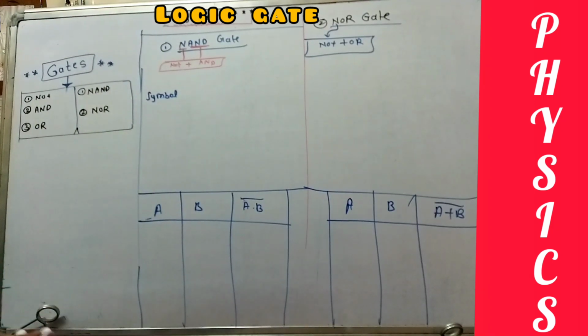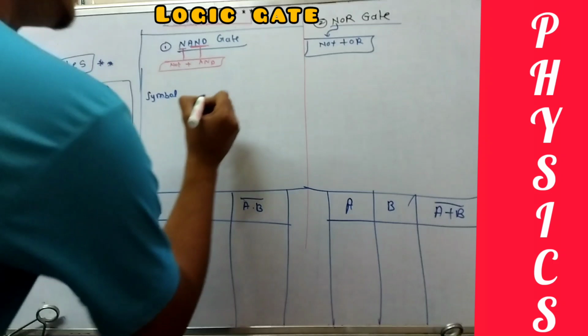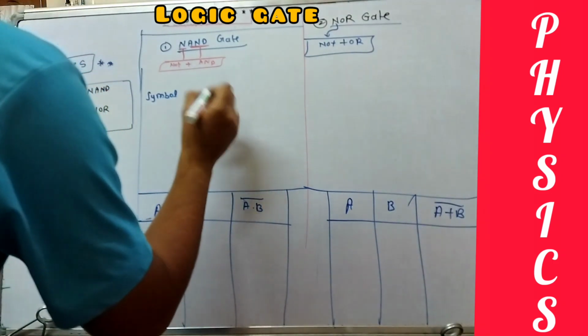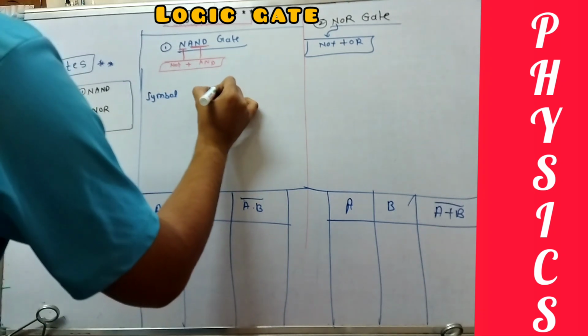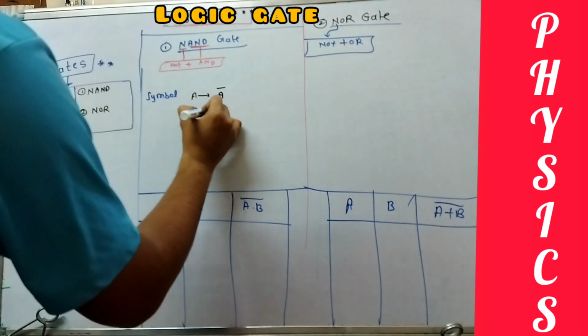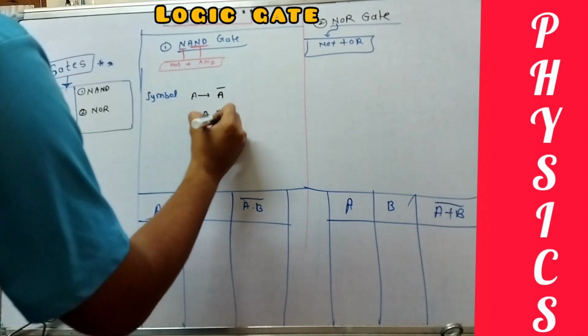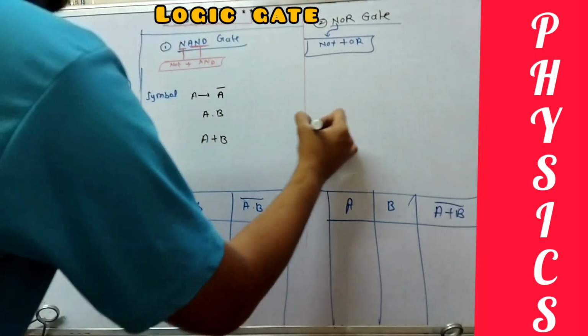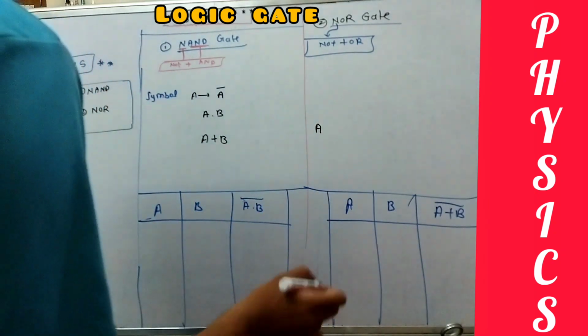But firstly, for easily remembering these three gates: the NOT gate is used for negation, the output gives A bar. The AND gate output gives the product of A into B, and the OR gate is for addition, A plus B.